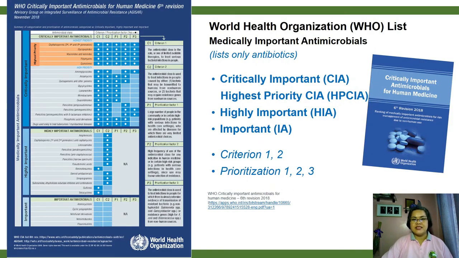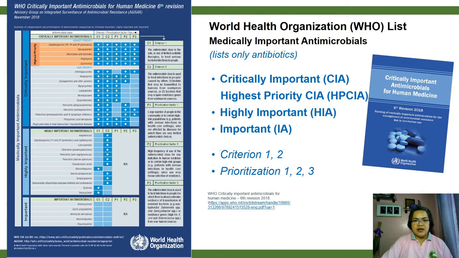Here we see the 6th edition of the WHO list of critically important antimicrobials, though this is still mainly a list of antibiotics. You will see 3 categories: critically important, highly important, and important antibiotics, and further there are highest and high priority antibiotics. You will also see more details in criterion and prioritizations.